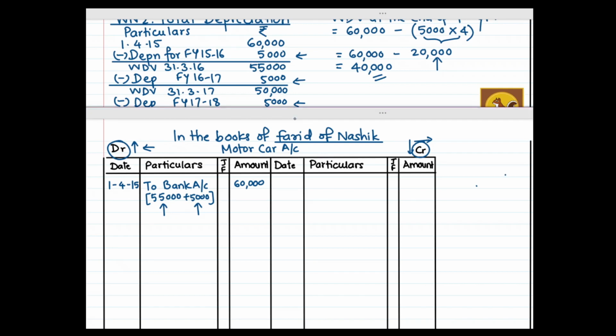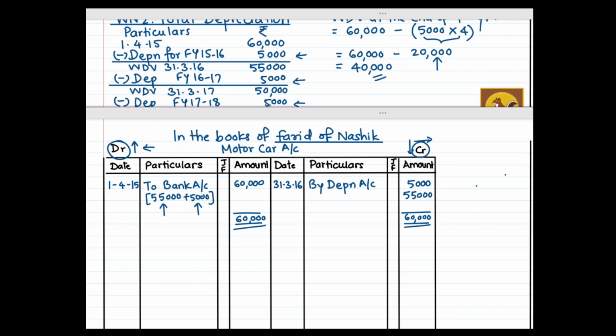Then during the year, there is no other entry. So we'll pass a depreciation entry at the year end, 31/3/2015, by depreciation account. Depreciation account debit to asset account. The amount is 5,000. So at the year end, we will close the books 60,000, 60,000, and the closing balance is 55,000.